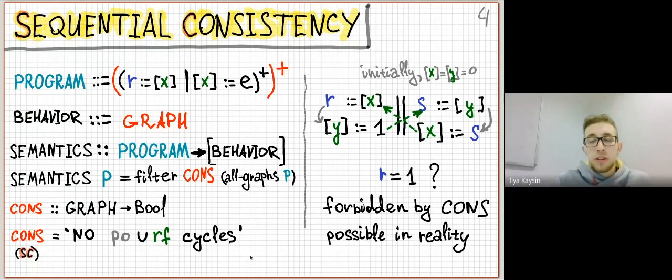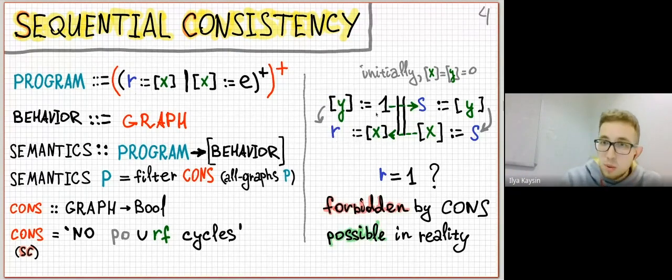But it turns out that this behavior is possible in reality. Why is it possible? Because compilers and processors are very smart. They can look at the first thread and notice these instructions are independent of each other. So let's swap them. Because for some reason we want to swap these instructions because they are independent, there's nothing wrong with swapping them.